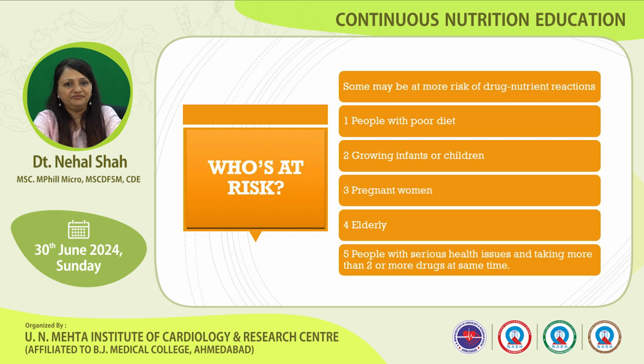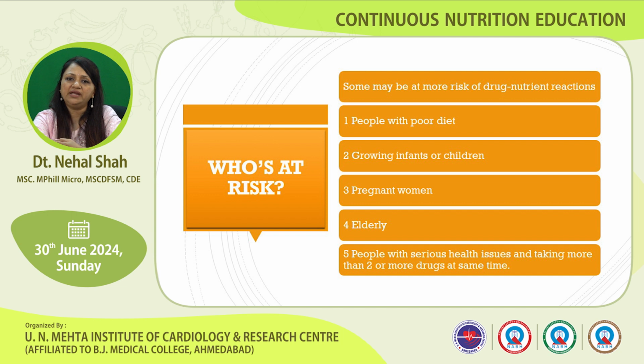Now one may wonder, who is at the maximum risk by taking these drugs? Is it effective on all who are taking these medicines, or is it specific to certain people who are at more risk? Talking to that, people who already have a poor diet or are nutritionally compromised may have these drug nutrient interactions affect their body more.